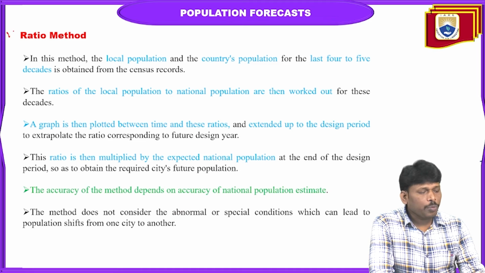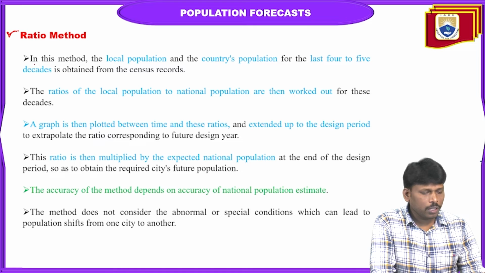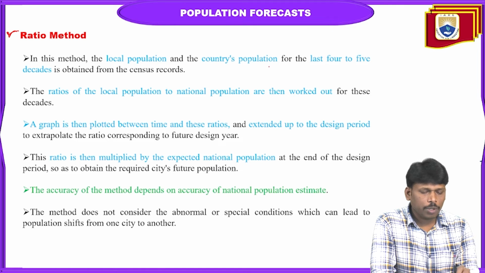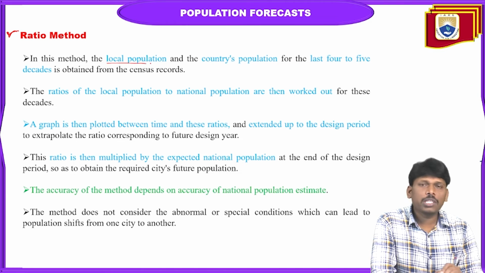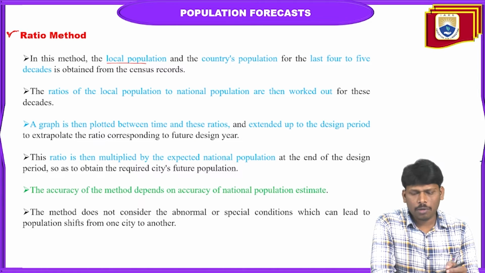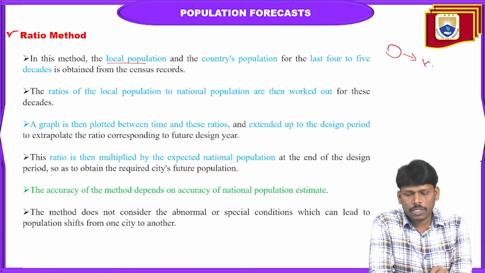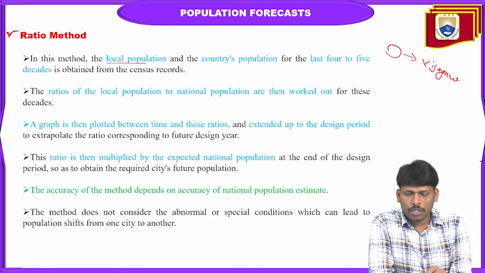And the next one is the ratio method. It is a very simple and easy method. In this method, the local population and the country population for the last 4 to 5 decades are obtained from the census records. Local population is, for example, if you are working in one state, say Andhra Pradesh, and you are calculating the population forecast for one town, say Vijayawada, one of the major towns in Andhra Pradesh.